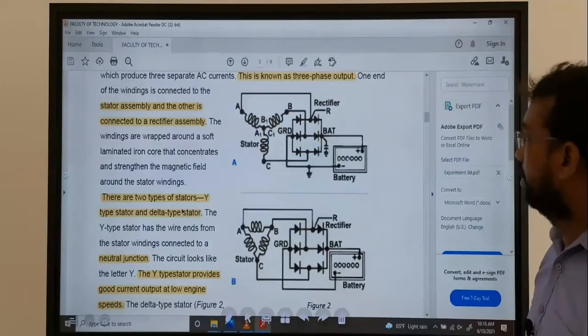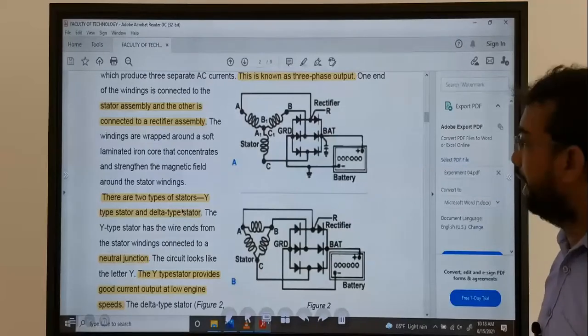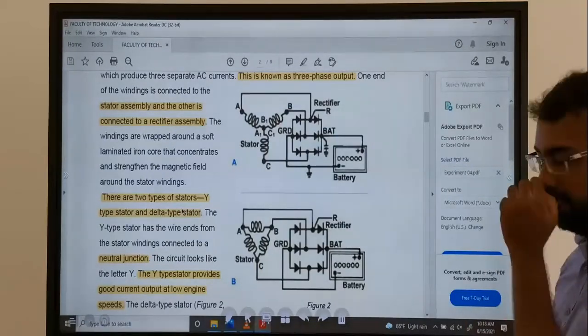Because of this flow, finally the current is converted to DC.